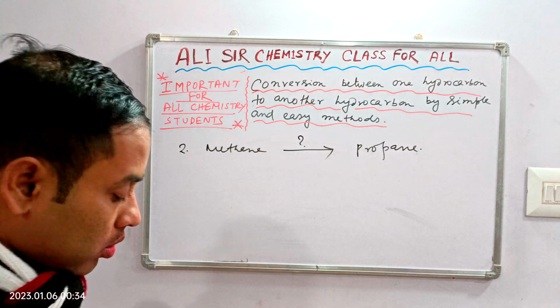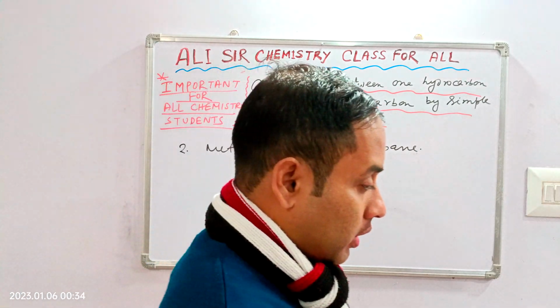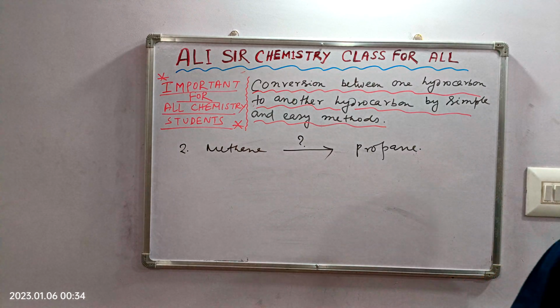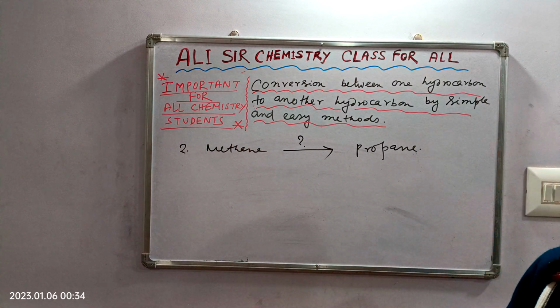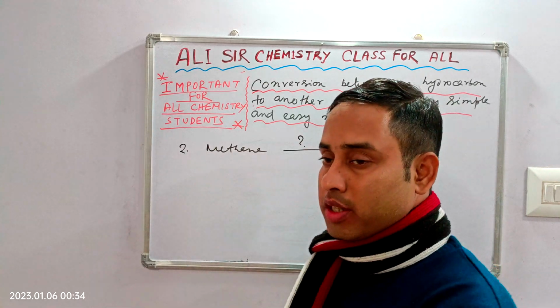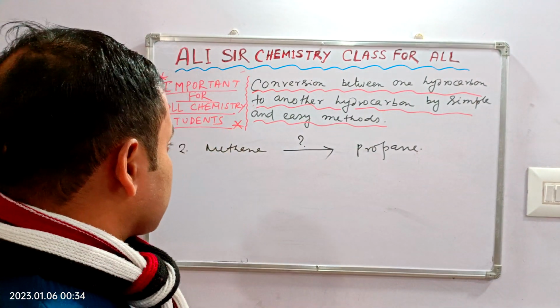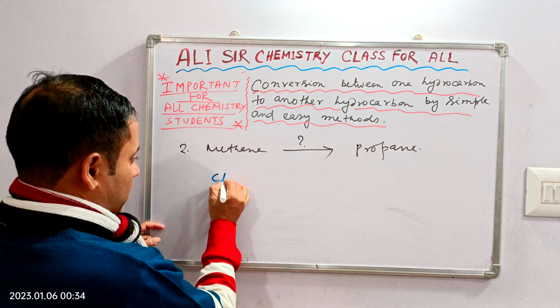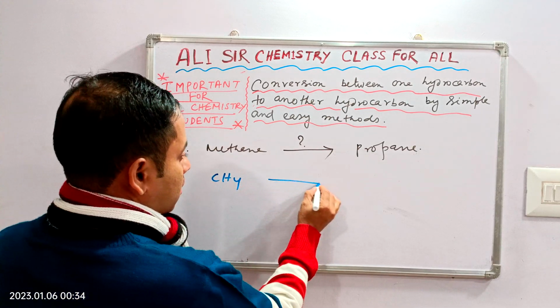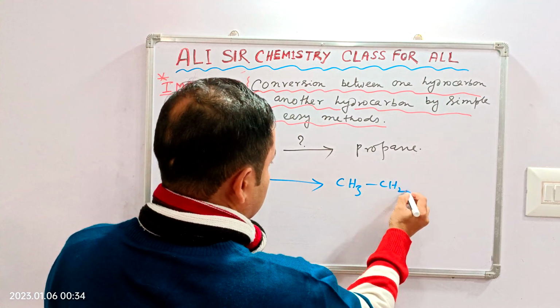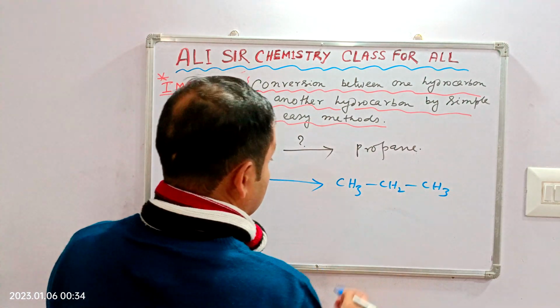Whenever we are doing any conversion, we have to first look at the molecular structure, and see the difference between the starting material and the final product. Here it is methane and propane. All of you know propane is CH3CH2CH3.